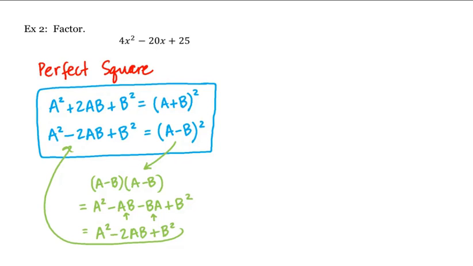Now, a tip-off that our expression might be of this form is that both the first term and the last term are perfect squares. That is, this is equal to (2x) quantity squared, minus 20x, and then plus 5 squared.